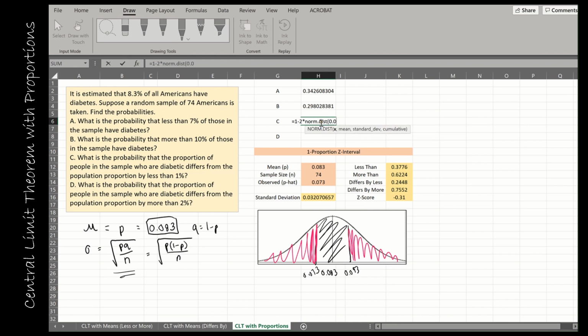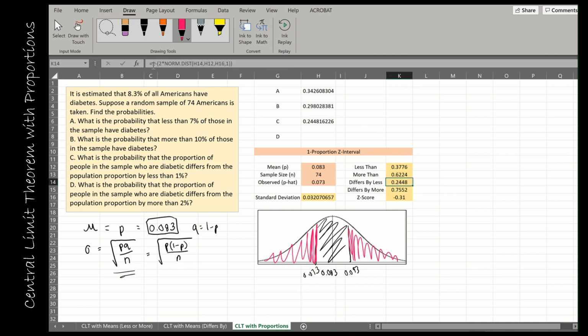X is 0.073. The mean is 0.083. Standard deviation, still the square root of 0.083 times 1 minus 0.083 divided by n, which is 74, and then close the parenthesis and cumulative. And so I get 0.2448, and that's what I have here.